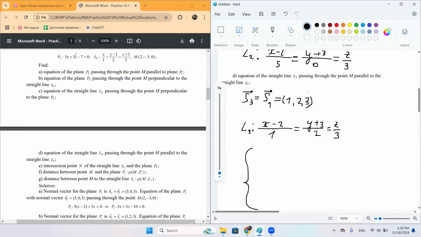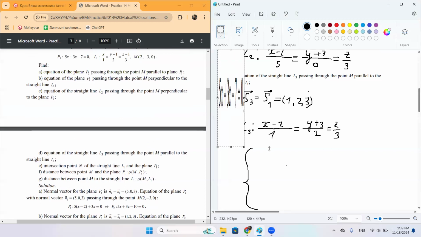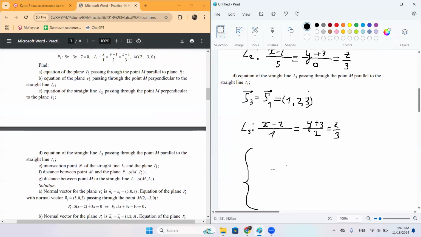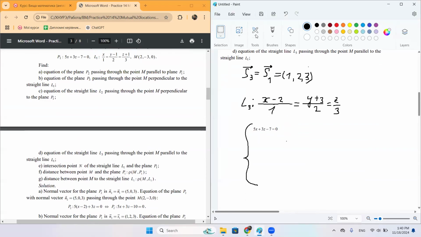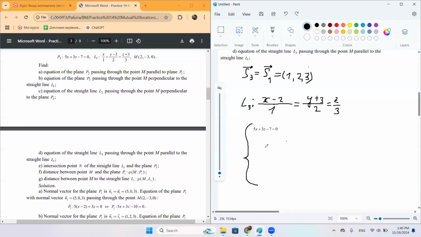I will just copy and paste this equation for now. Okay, and I will rewrite it already. Okay, well, in details, everything, without skipping any details. So x by 1.